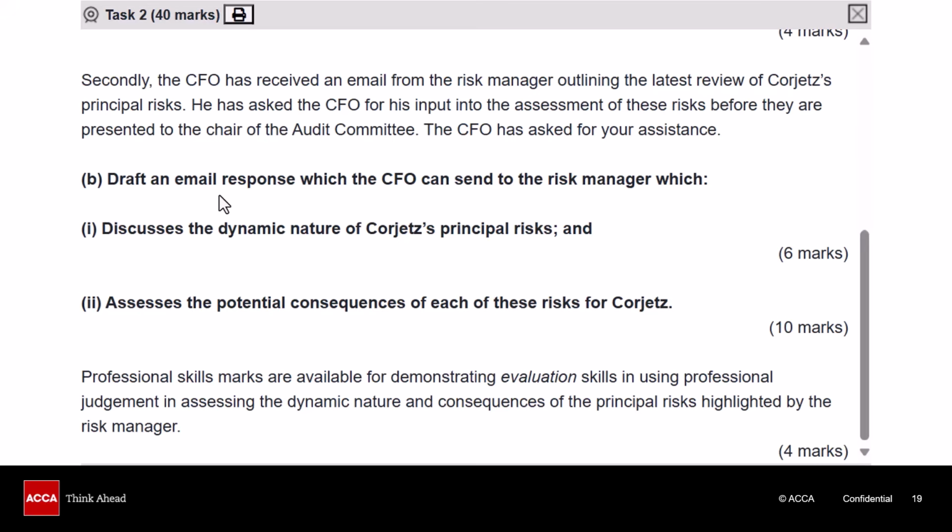What the examiner wanted here was, okay, so this risk materializes, or if it does materialize, what does it tell us? What are the consequences in terms of our customers, our stakeholders, all right? And how well have we managed to mitigate against those consequences?